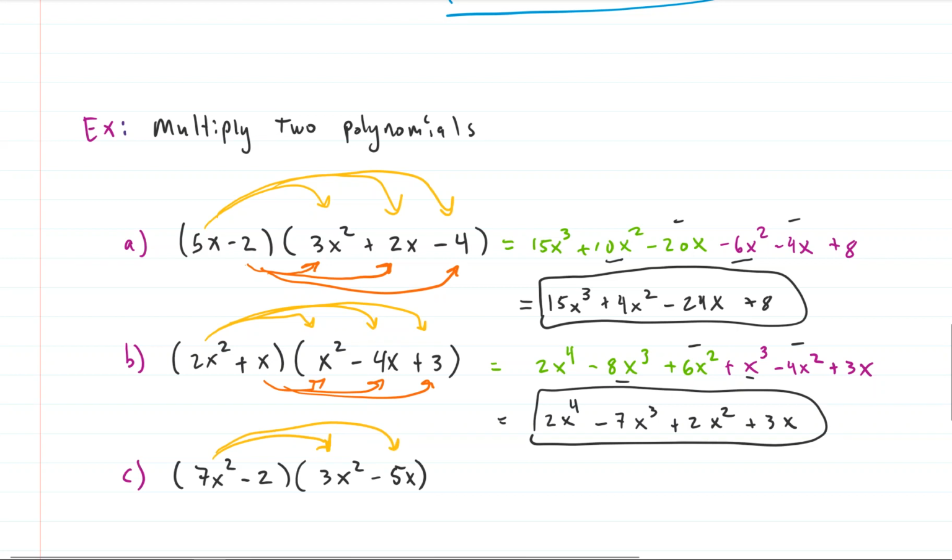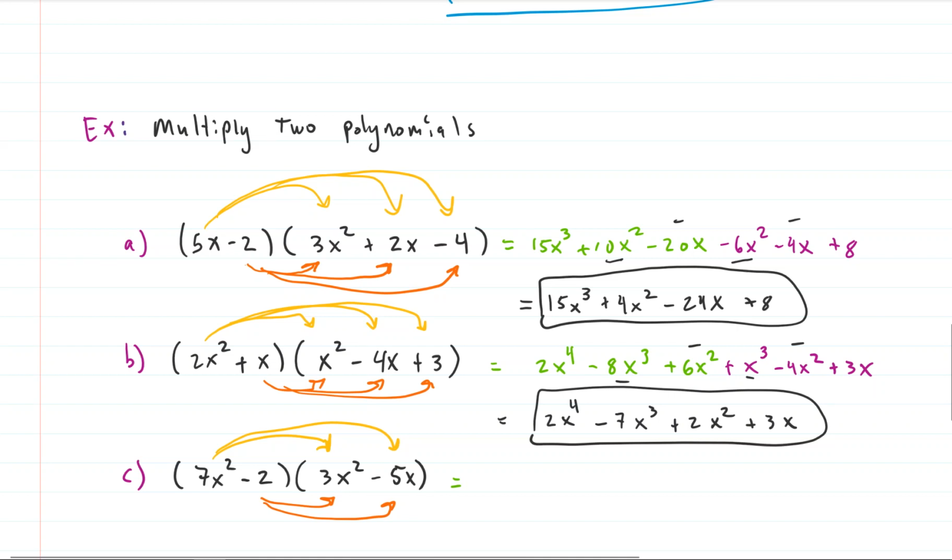We're just using the general multiplication strategy, and we're taking each term in the first polynomial and multiplying it by every term in the second. So the first polynomial is 7x squared minus 2, and the second polynomial is 3x squared minus 5x.